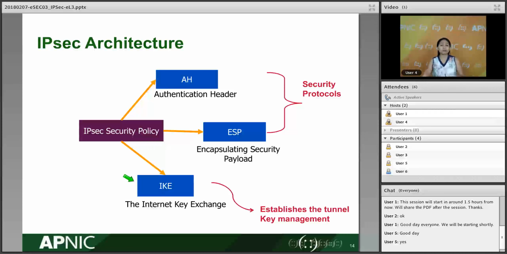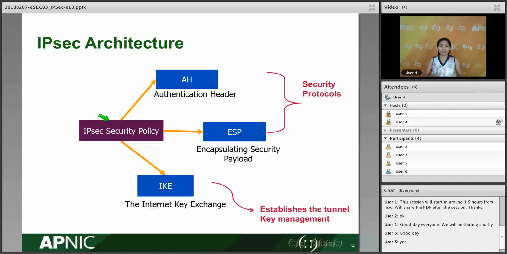So how does it all work? How does it all glue together? First of all, you have an IPsec security policy. Security policy is, of course, based on your own security policy as a company, right? For example, you're saying that these are the only protocols, encryption algorithms, and length of keys or hashes that we support in this company.